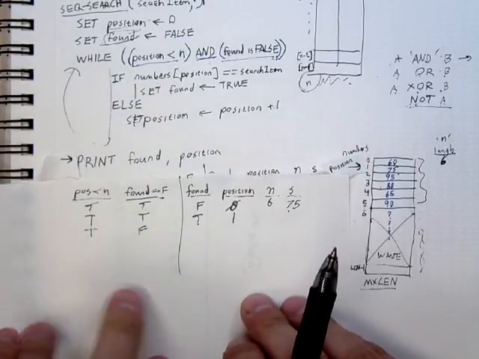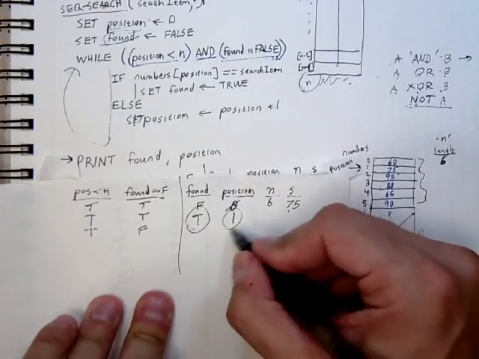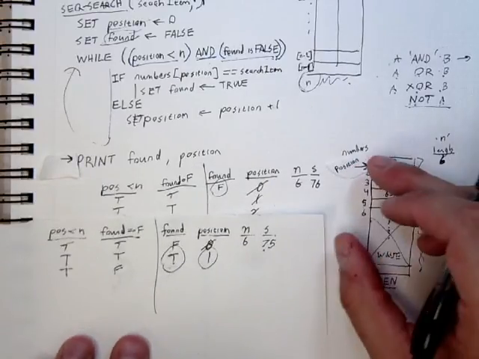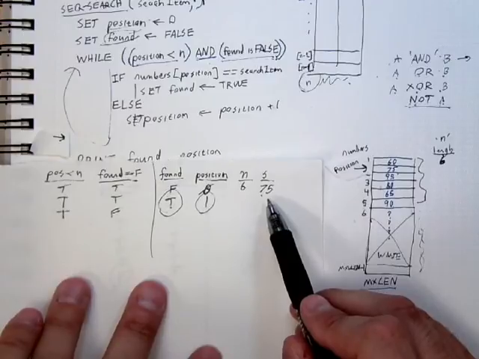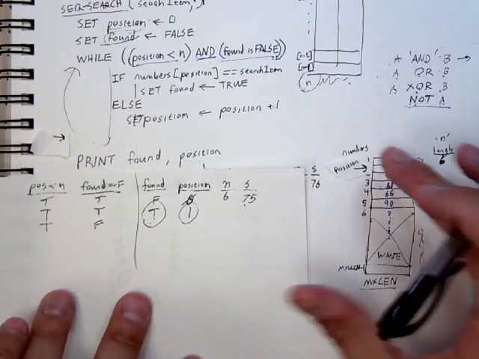And we're going to print found, which is true, and position, which is 1. So we're going to print out true and 1, indicating that yes, we did find a 75, and we found it at position 1 of the array, which is correct.